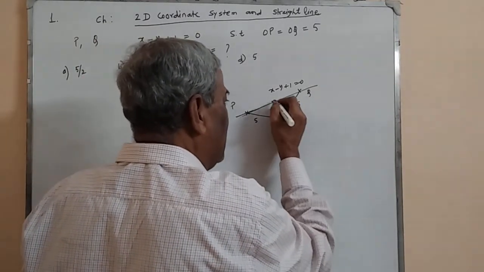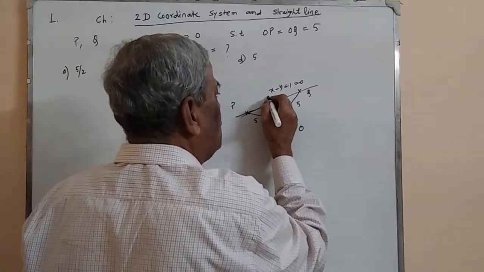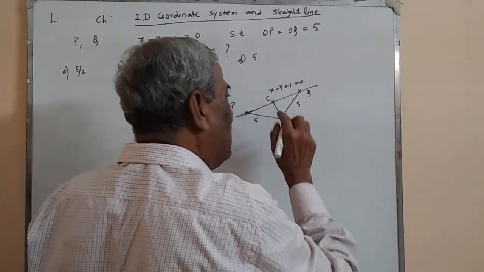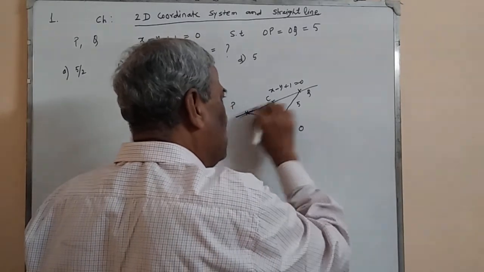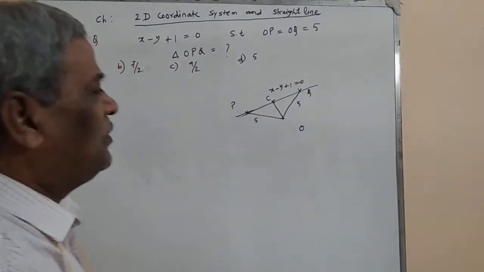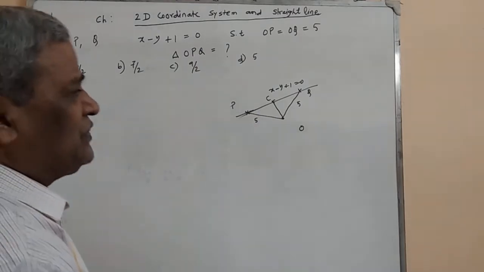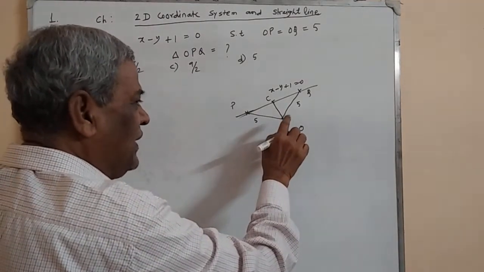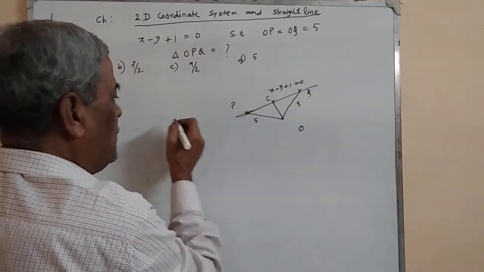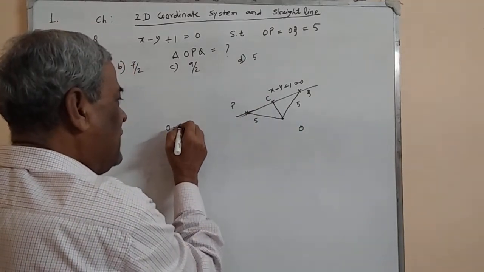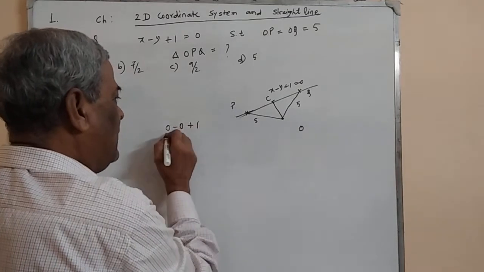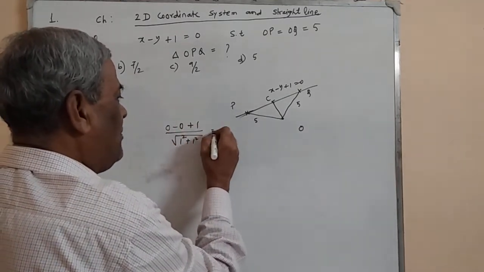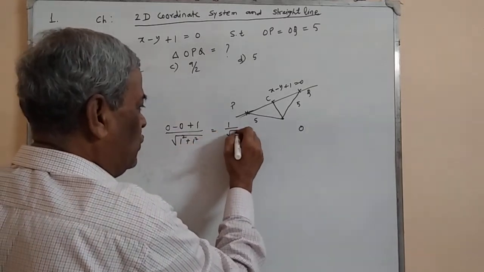Suppose this point is C. OC is the perpendicular distance from O to that straight line. Perpendicular distance is 0 minus 0 plus 1 divided by root over of 1 square plus 1 square, that is 1 by root 2.